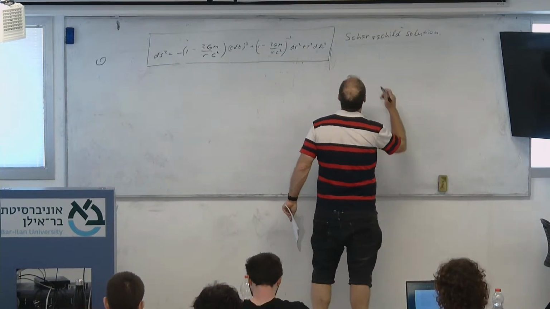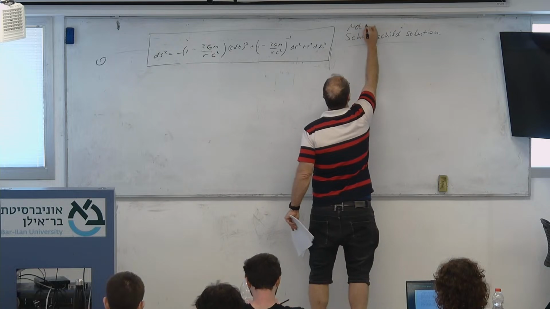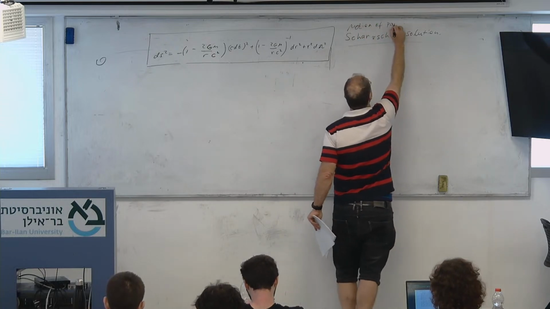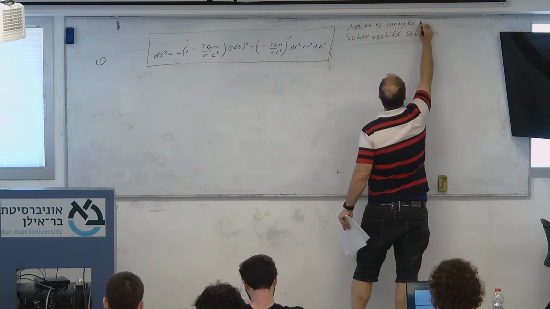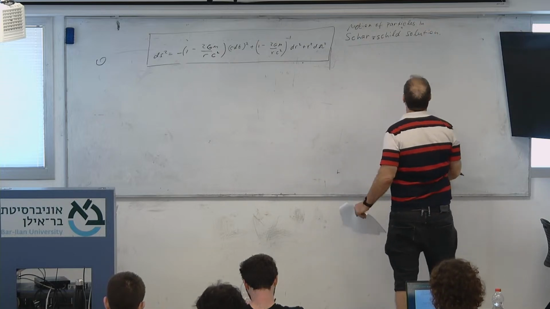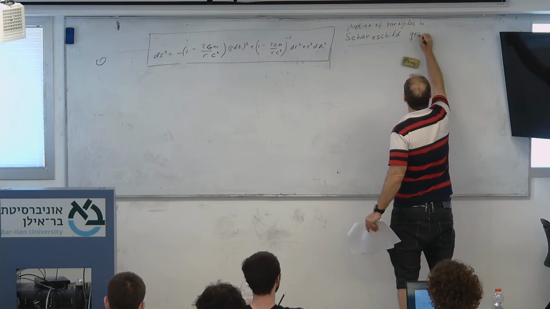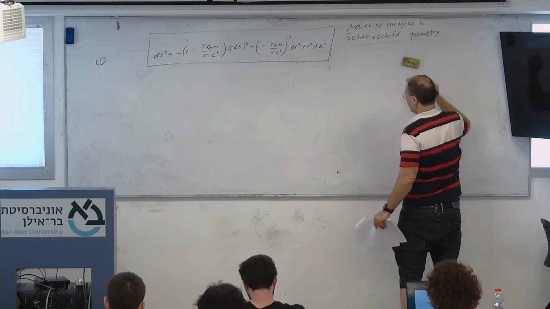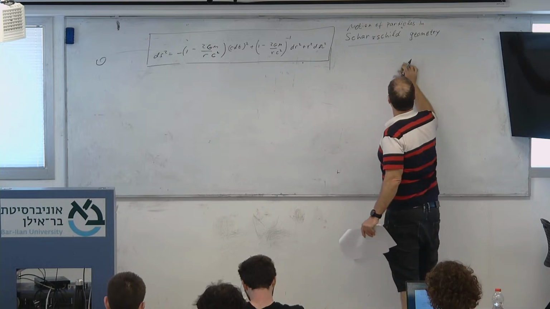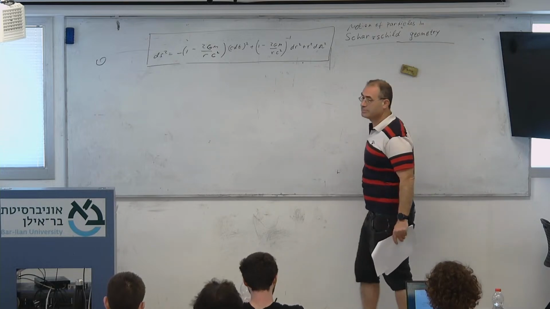Motion of particles in Schwarzschild geometry. What do we do?